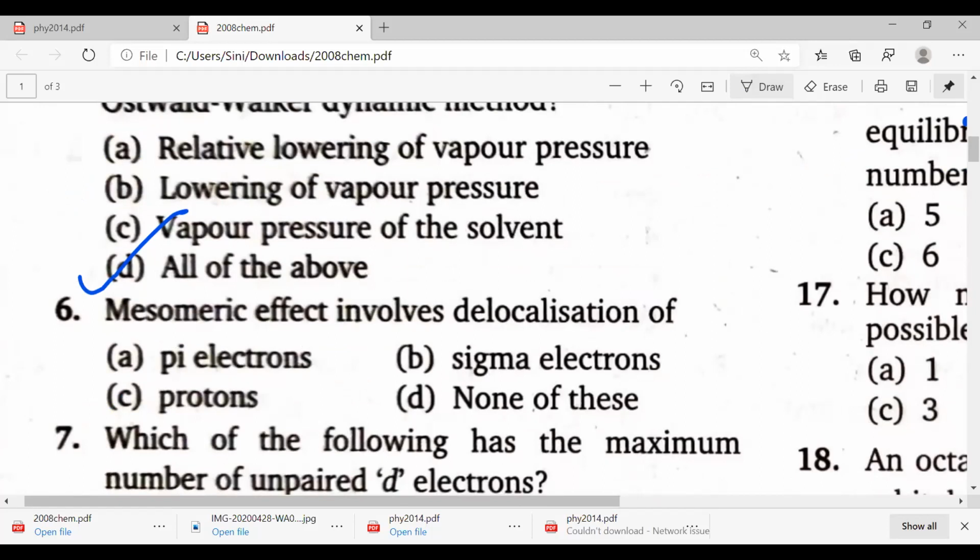Sixth one, mesomeric effect involves the delocalization of which one? What is the answer of this? I got only three answers. Everyone, please let me know whatever is the option. I want at least 10 to 12 options in this.